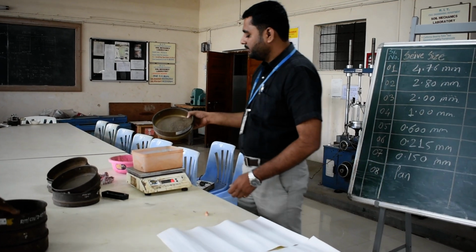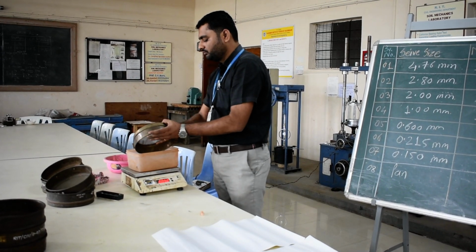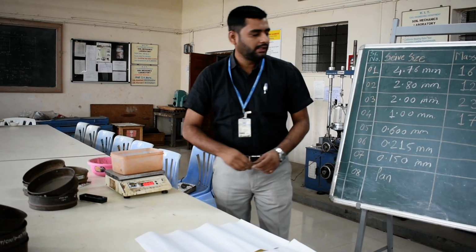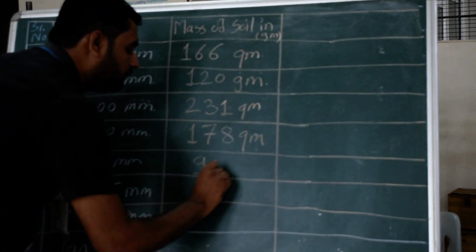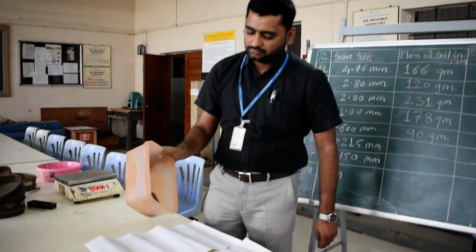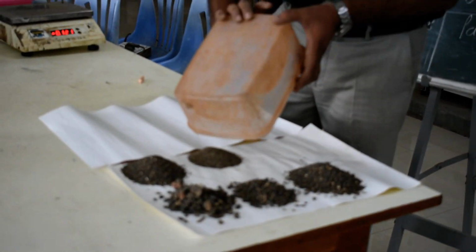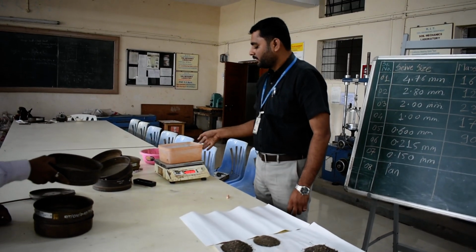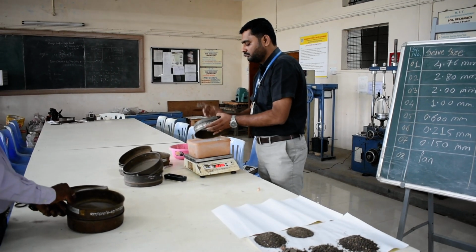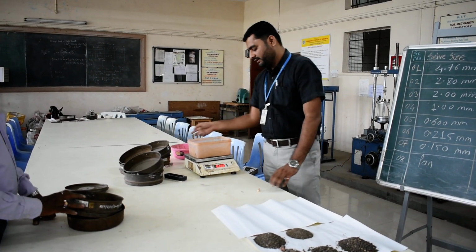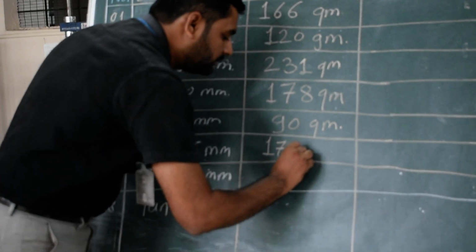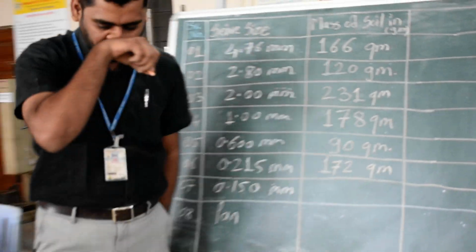Now it is 600 micron. On 600 micron there is 90 gram of soil sample, so it is 90 grams. This is 425 micron. On 425 micron it is 172 grams, so I must write 172 grams.